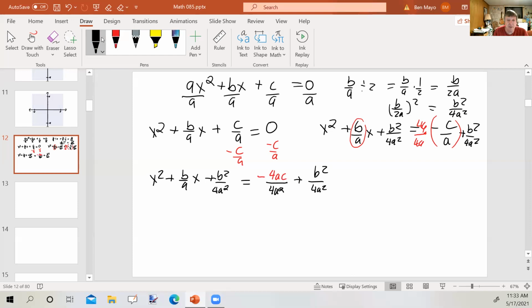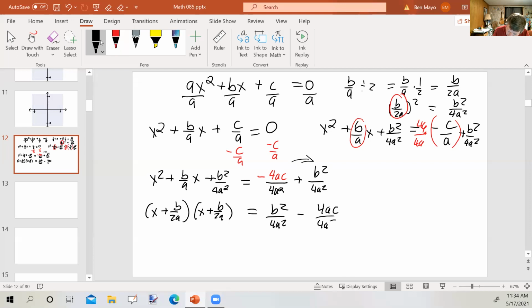Now, on the left side of the equation, I should have a perfect square whose factors are x plus b over 2a times x plus b over 2a. Recall that the number that goes with the variable is the quantity that we square. Okay. On the right side of the equation, I'm going to switch the order of these two, and I'm just going to write them b squared over 4a squared minus 4ac over 4a squared.